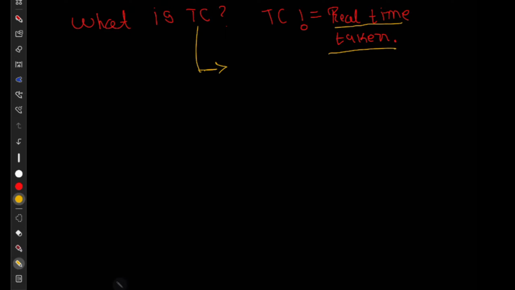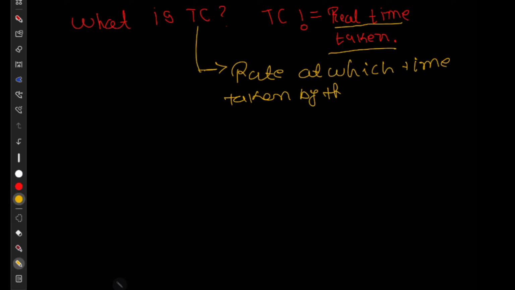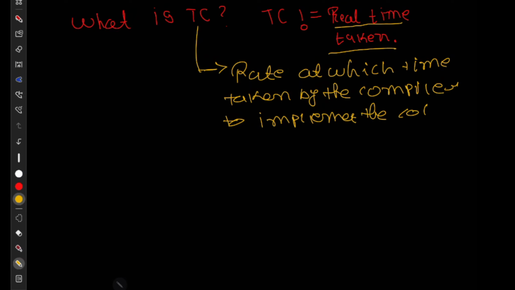Simply I can say that time complexity is the rate at which the time taken by the compiler to implement the code increases with respect to the number of inputs increasing. The rate at which time taken by the compiler increases with respect to the number of inputs.